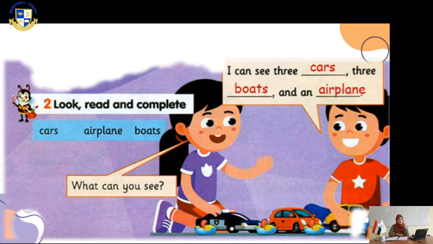We have the 2 plural words, cars with S plural, boats with S plural, and airplane is only 1. The airplane doesn't have any S plural, so it's only 1 airplane. So I can see 3 cars, 3 boats, and an airplane.